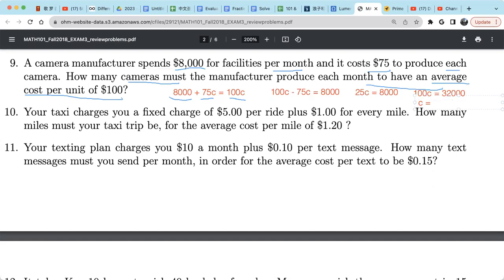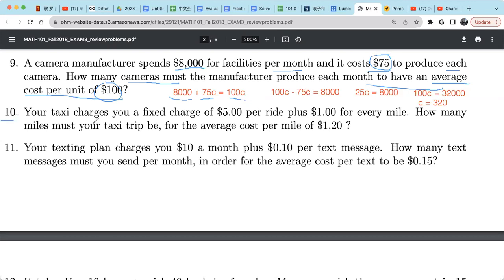Then C equals, divided by 100 on both sides, 320. So 320 cameras need to be made to make an average cost of $100 for $8,000 per month and an extra cost of $75 to make each camera. Okay, that's for this question.